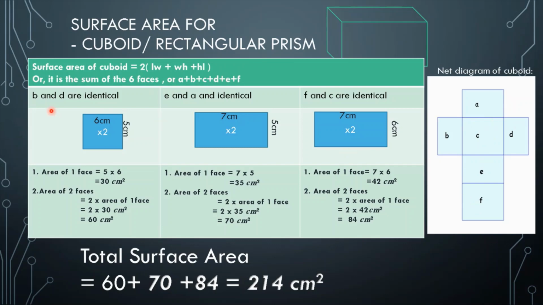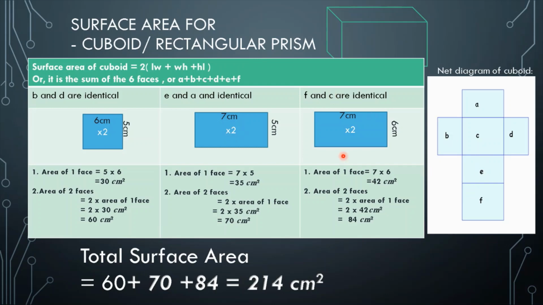So, table strategy. Here, B and D are identical, C and F are identical, A and E are identical. So, this here represents B and D, which is right here. Their measurements are 5 cross 6, and there are 2 of them. A and E have a measurement of 7 and 5, and there are 2 of them.